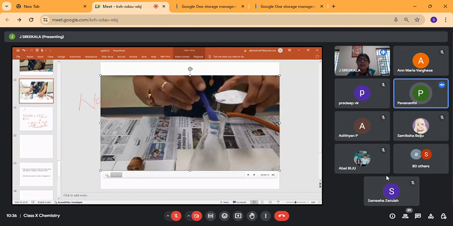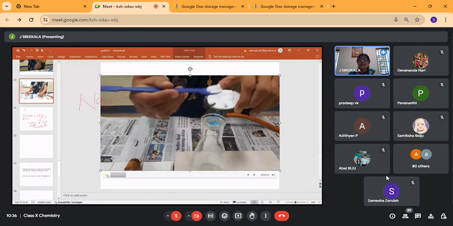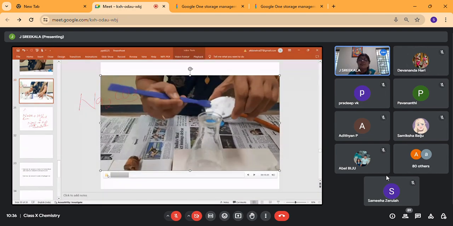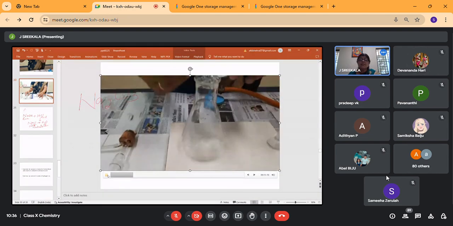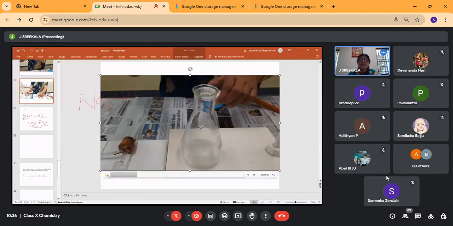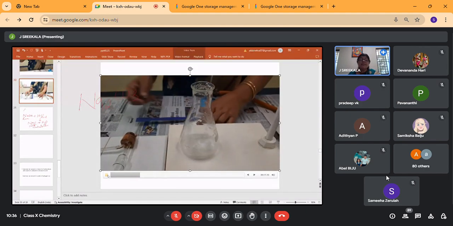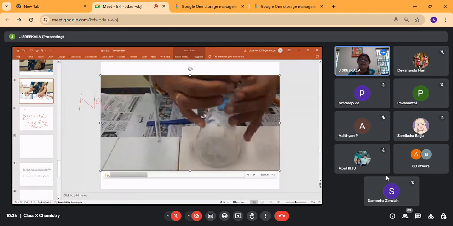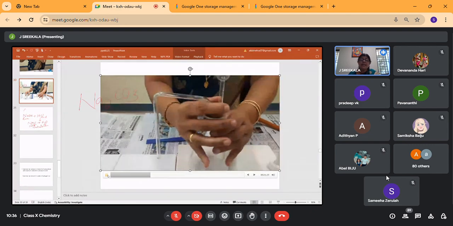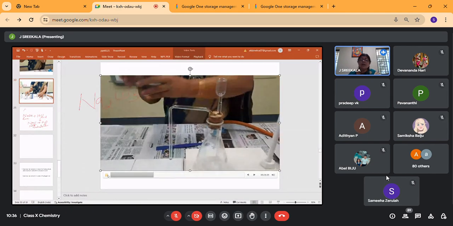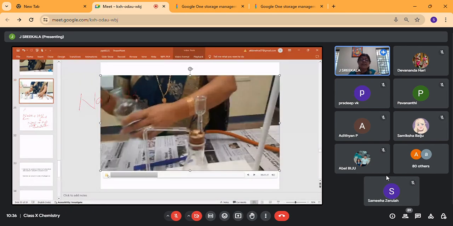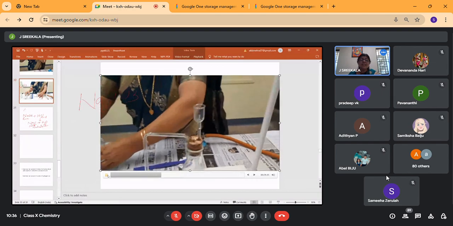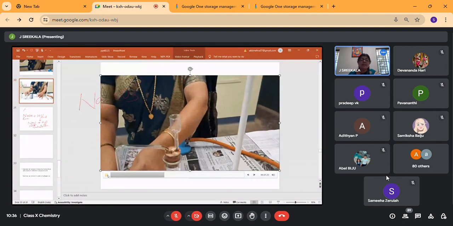Sodium carbonate. Now I will close it with a cork. In that cork, one thistle funnel is there, and on one side one delivery tube is there. I kept the lime water below that delivery tube.